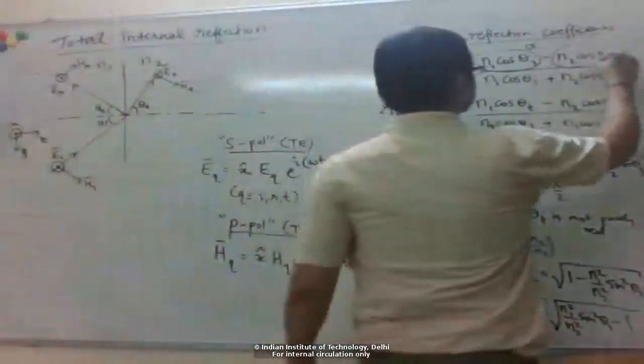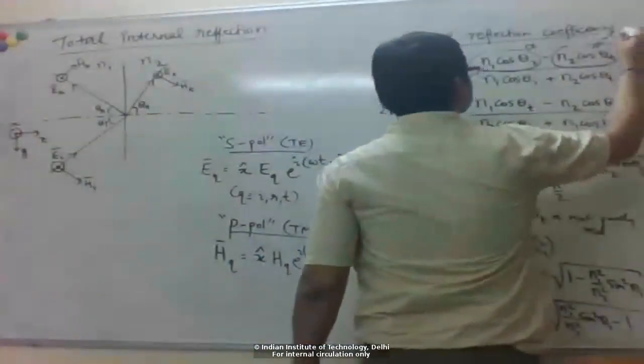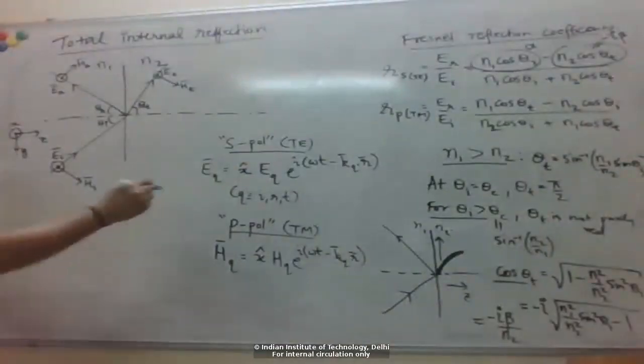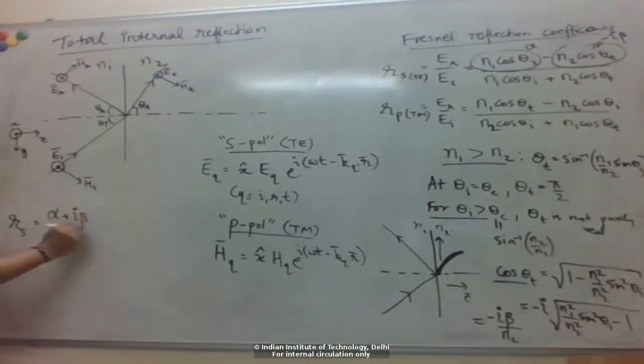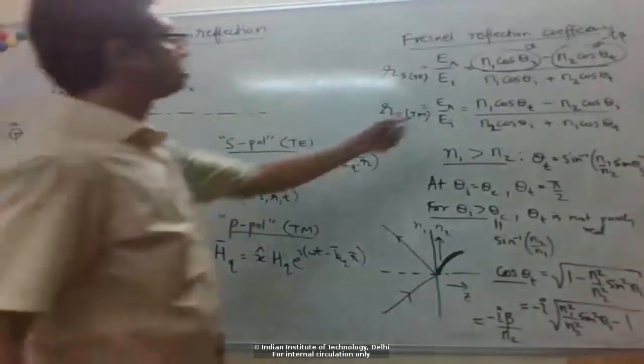Okay, so this thing is now a purely imaginary number, right? So now the reflection coefficient for the S polarization will be like this. It's a complex number, and the numerator is the conjugate of the denominator.